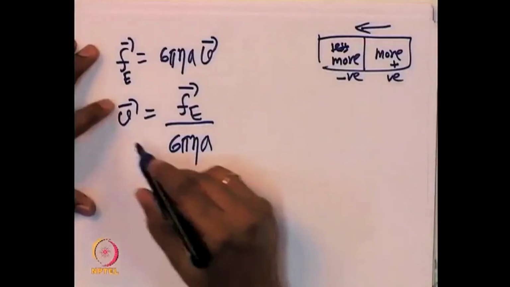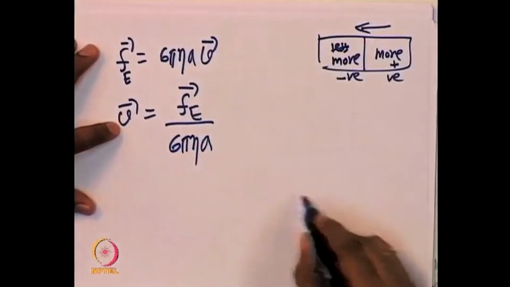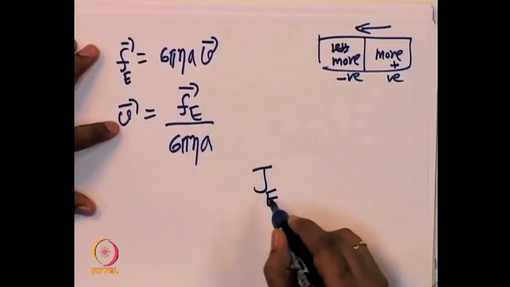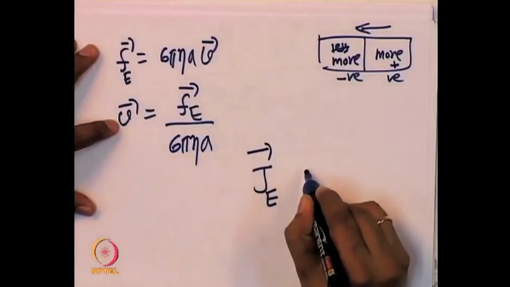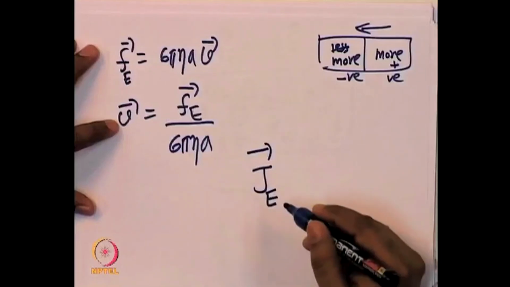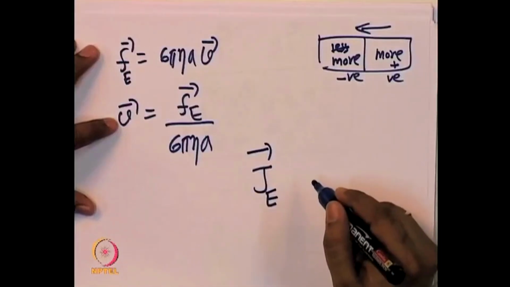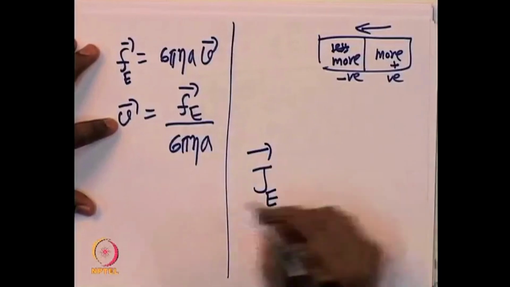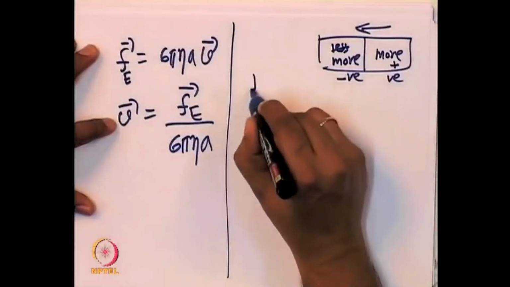Now, the current due to the electrostatic interaction, what will be the current? In the previous case we found the current due to the concentration difference, and we called it J d.